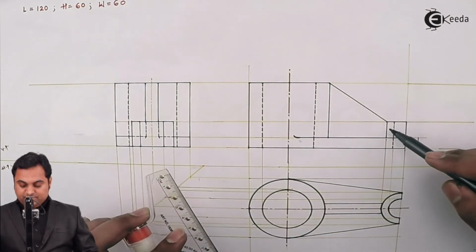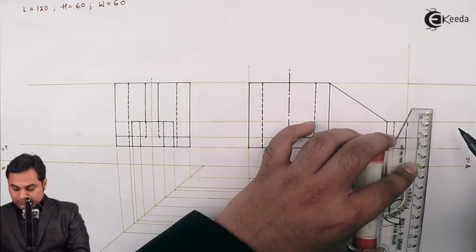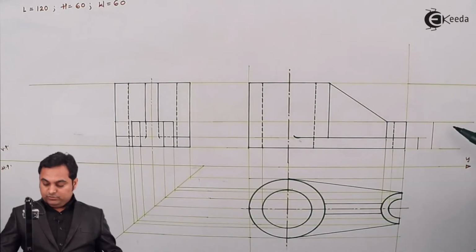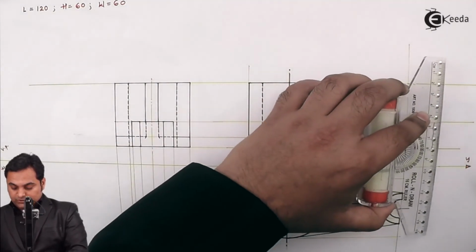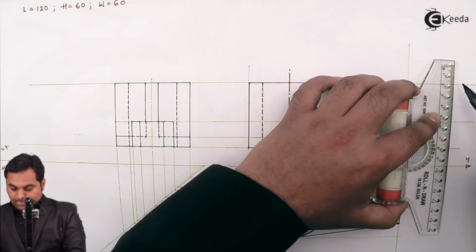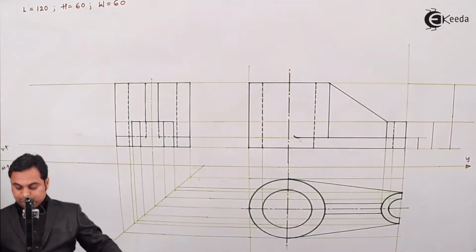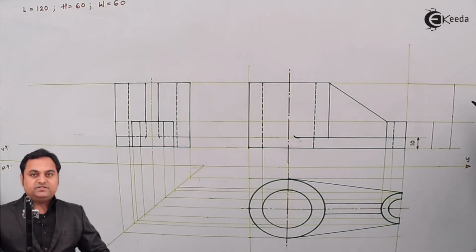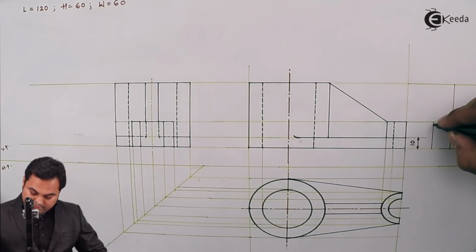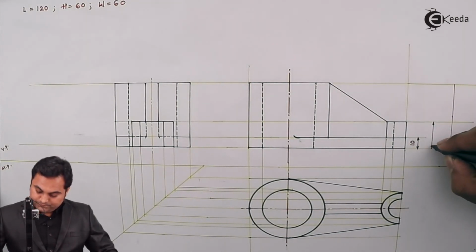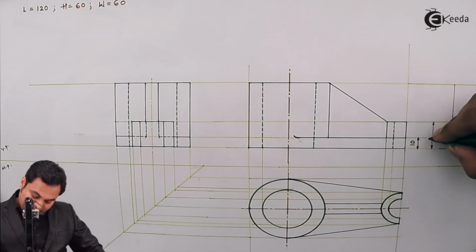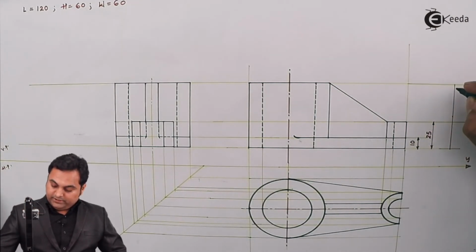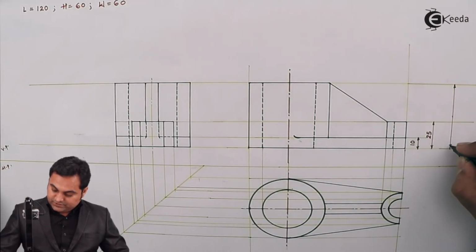Then the height of this semicircular portion is 25 mm, and then the total height was also given. This height is 10 mm. Then the semicircular block of 25 mm height, total height 60 mm.